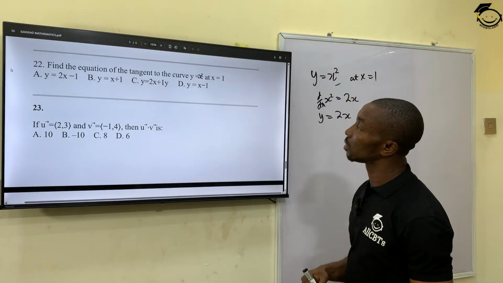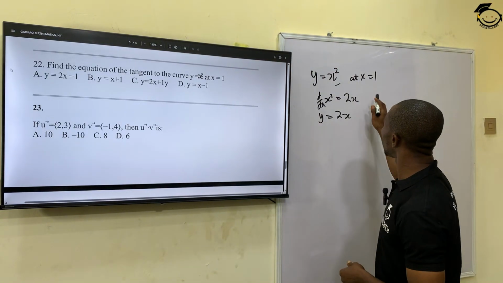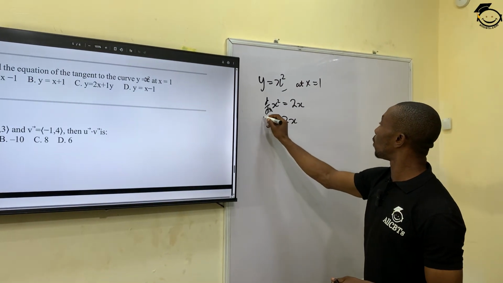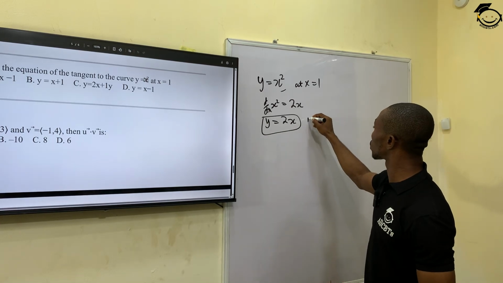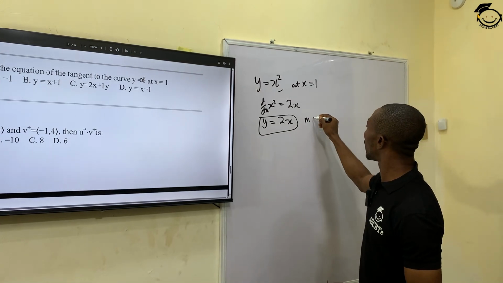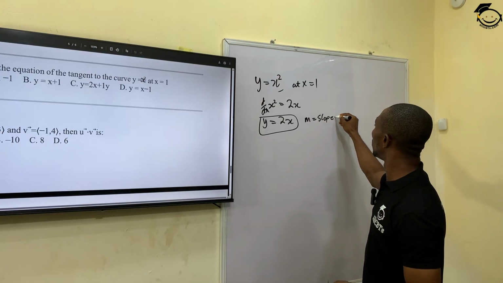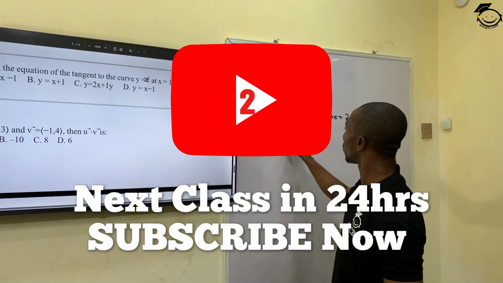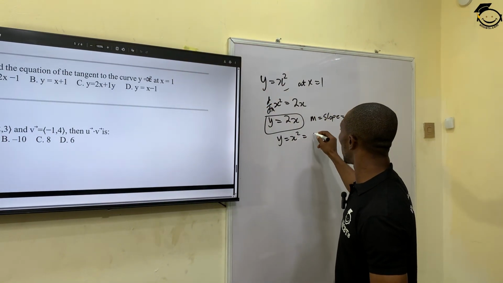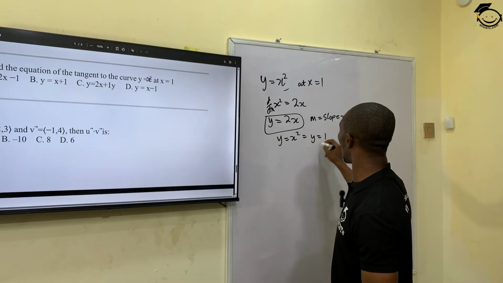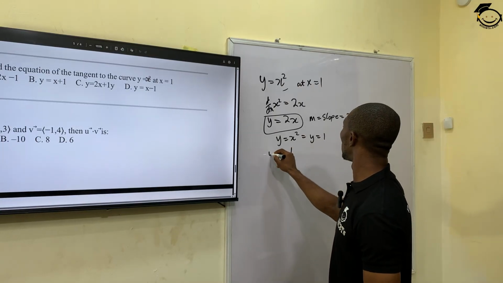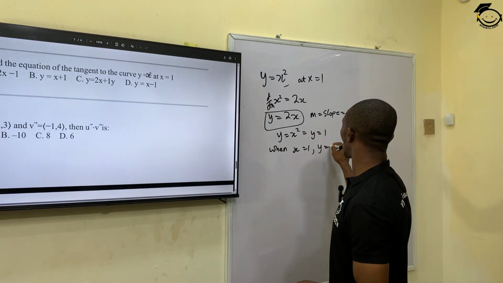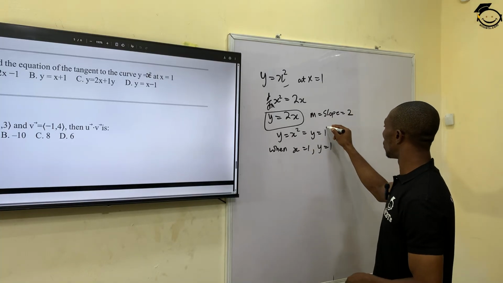Now, they said that y at x equals 1. For this, y equals 2x shows that our slope m equals 2. Okay? Now, y equals x squared, and when x is 1, y is 1, because 1 squared will be 1.